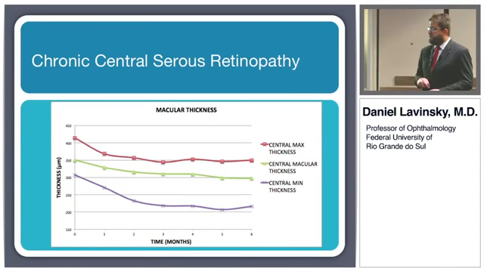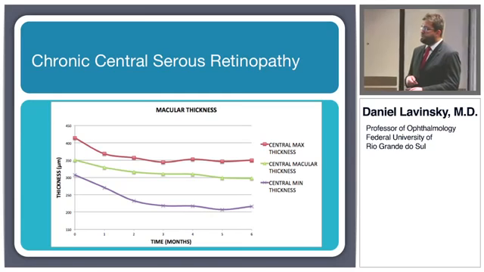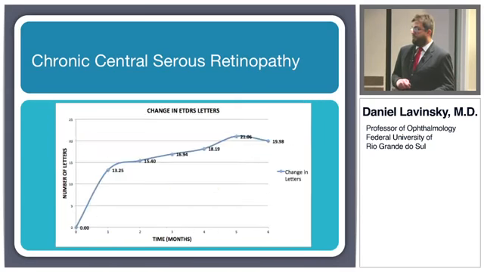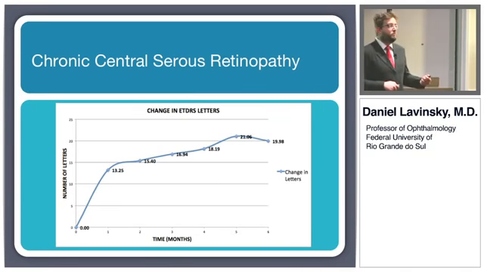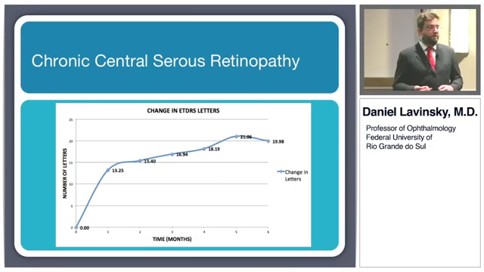So I have so far 6 months of follow-up. In this follow-up, we do see a decrease in the central macular thickness in the OCT, both the maximum and the minimum, and most importantly, the patients regain vision in terms of letters in the ETDRS. Of course, this is preliminary data.